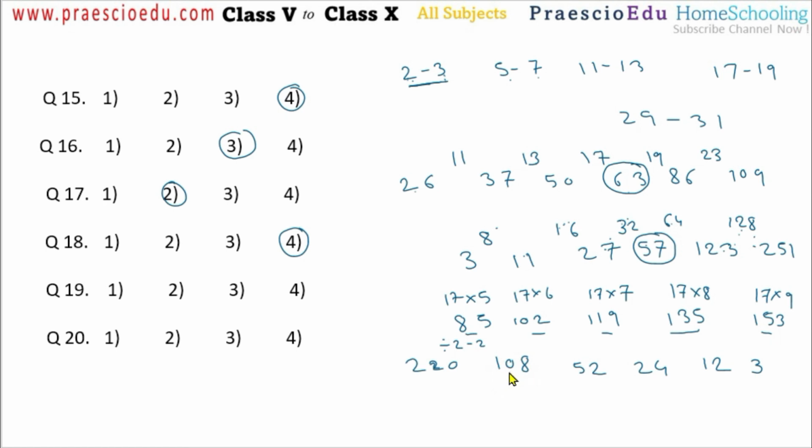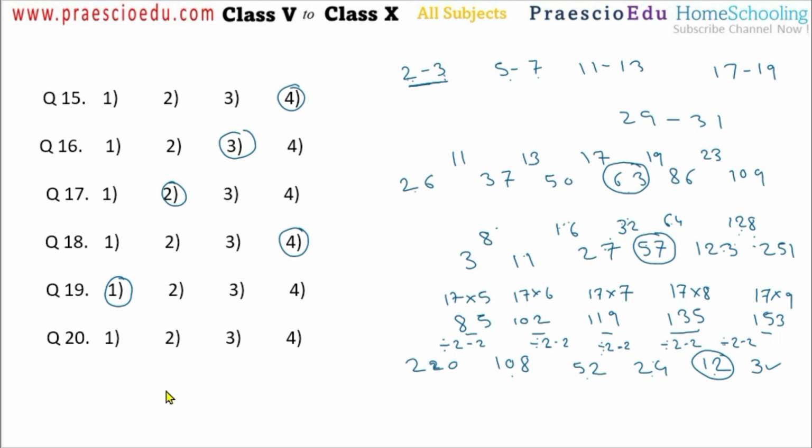So 108 is divided by 2 means 54 and minus 2, then we are getting 52. Like this, 24 we are getting, so divided by 2 minus 2 means 26 minus 2 is 24. After this, divided by 2 means 12 and minus 2 means there should be 10, but 12 comes, and 10 divided by 2 means 5 and minus 2 means 3. This is correct. So this 12 is the different one, and this 12 is given in option number 1.